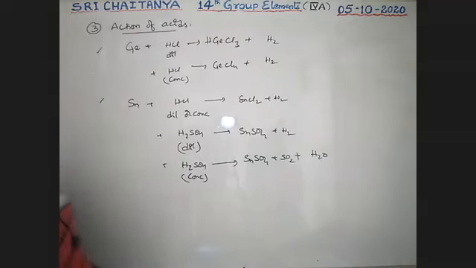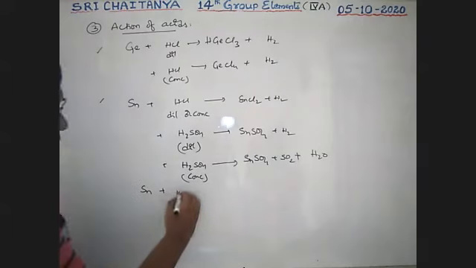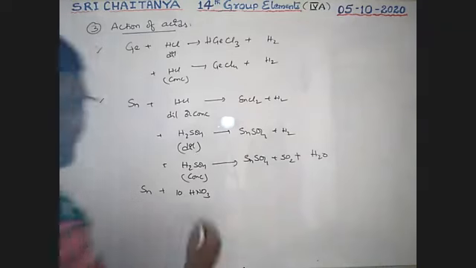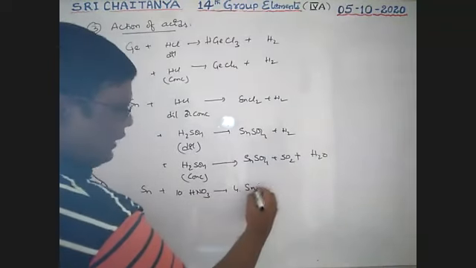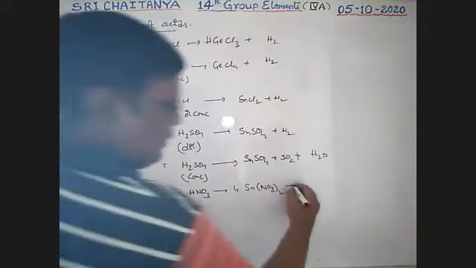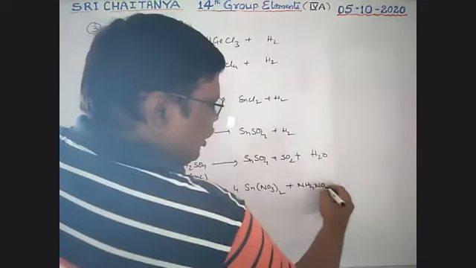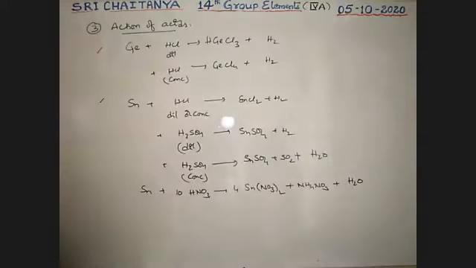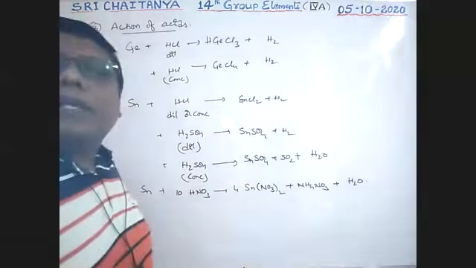Now with HNO3. See here, tin reacts with HNO3. 10 moles HNO3 gives 4 Sn(NO3)2, tin nitrate, plus NH4NO3, ammonium nitrate, plus H2O.